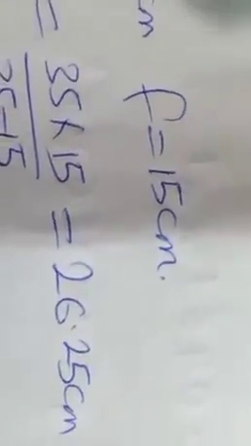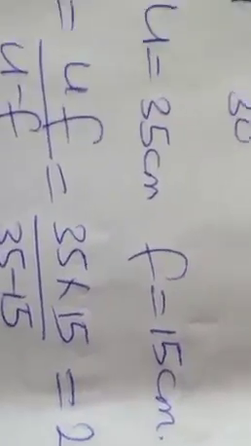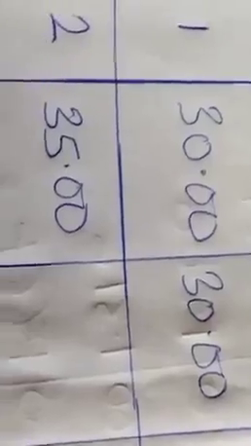Our V is 26.25. So let us record our reading. For number 2, when U is 35 cm, our V is 26.25. So we'll go ahead to calculate our U inverse and V inverse for the number 2 experiment.